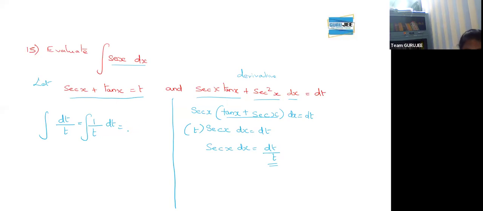So when you go through the problems, you can easily find out which formula we have used. 1 by t into dt can be integrated using formula 10 as log t plus c, which will be equal to log to the base e. Replace this t with the original value sec x plus tan x: log mod sec x plus tan x plus c. This is the result for integrating sec x dx. We have used formula number 10.